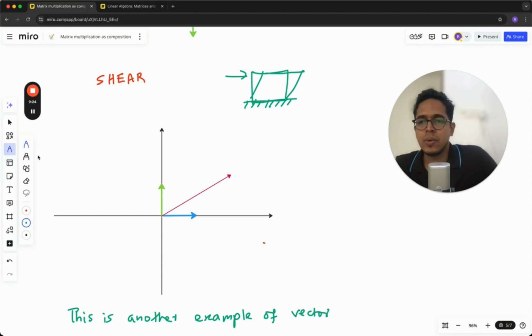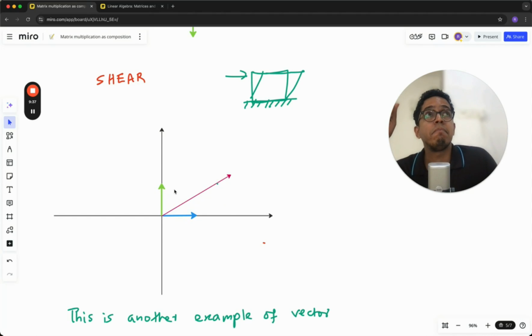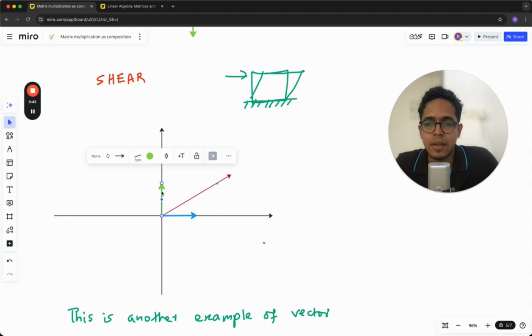So what I can do is define the shear operation by saying that the y-axis should get tilted by maybe 45 degrees. So what that means is this guy should end up along this, right?